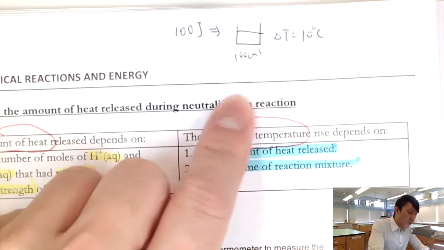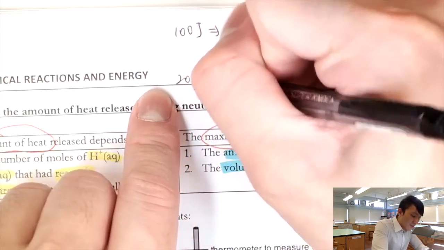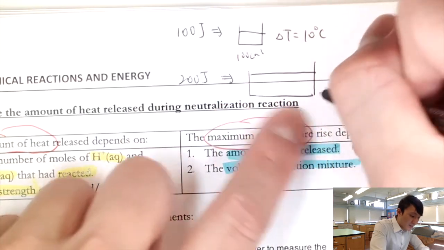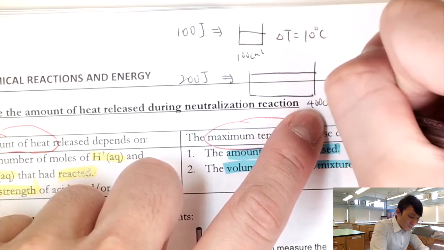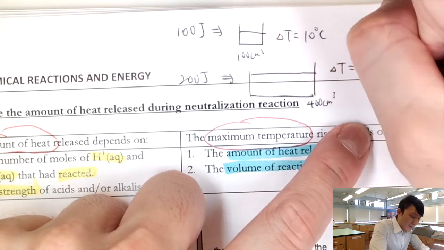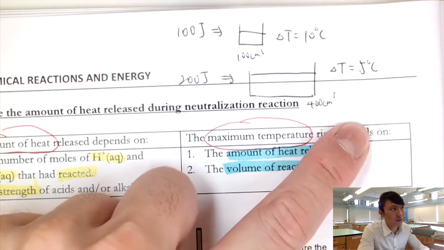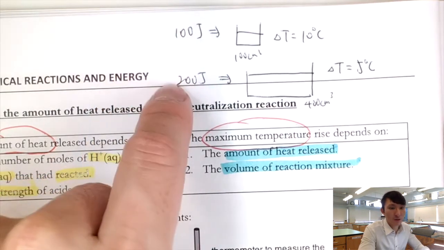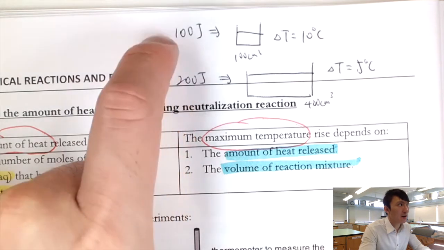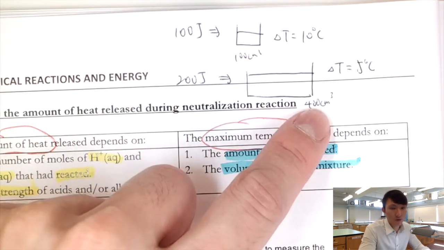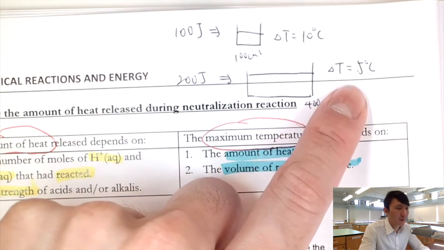So if we have more heat provided to a solution, but this time it is 400 cm3, then the delta T may actually be smaller, because even though you have double the quantity of heat supplied to the liquid, with a larger volume, the delta T may be smaller.